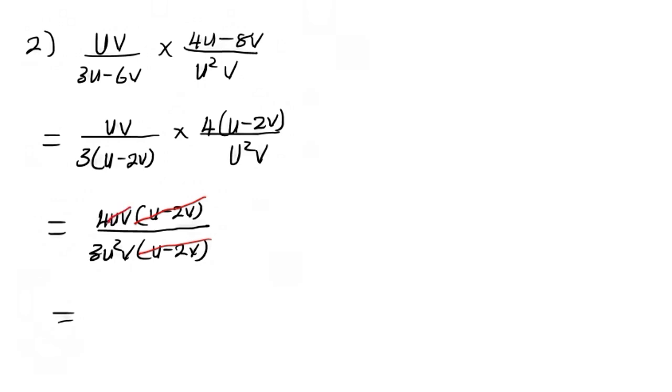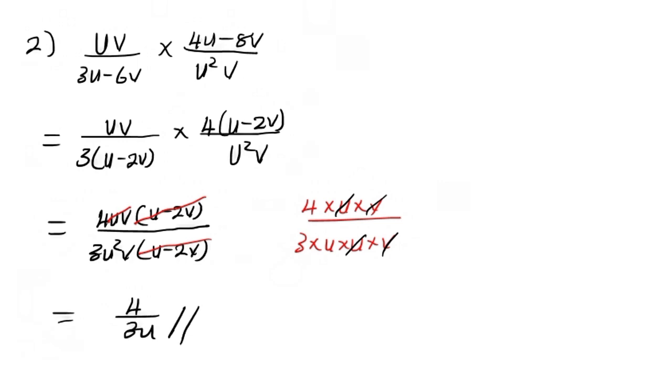So this means we are having 4 times u times v all divided by 3 times u times u times v. Basically, what we are left with is 4 over 3u. So this will be the solution to the given expression.